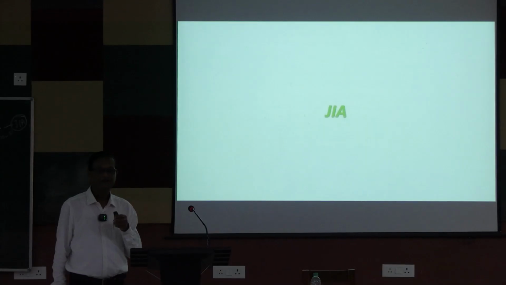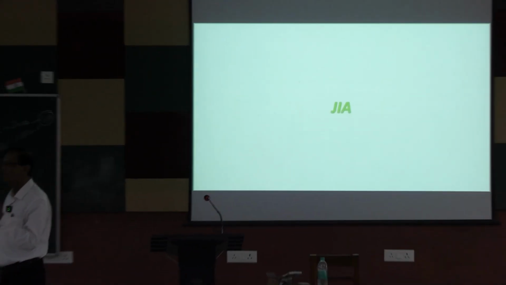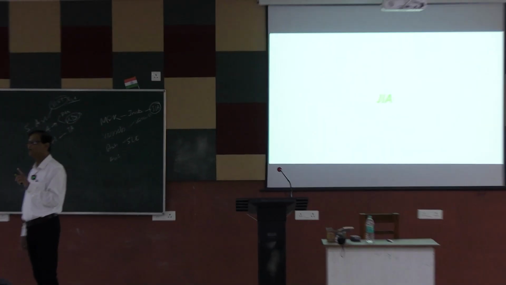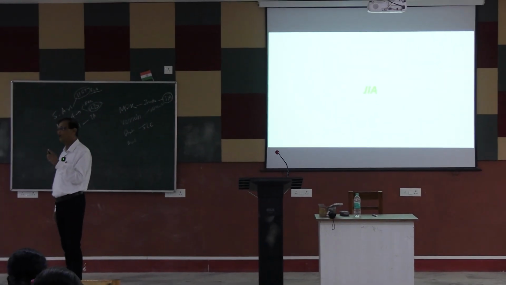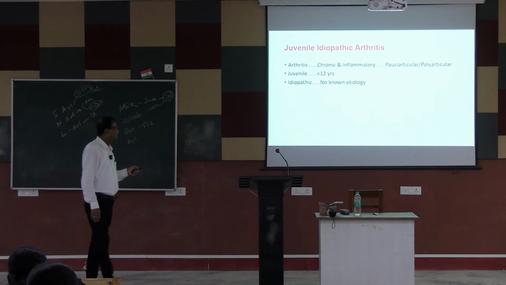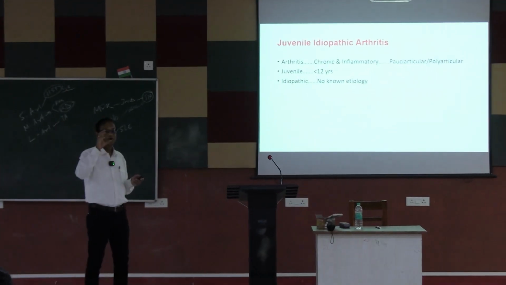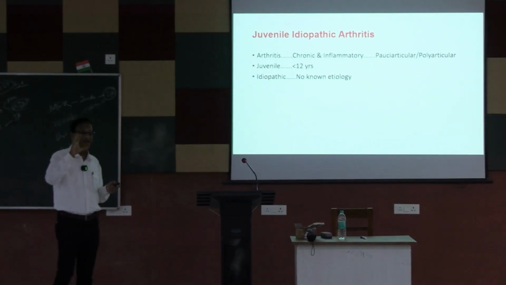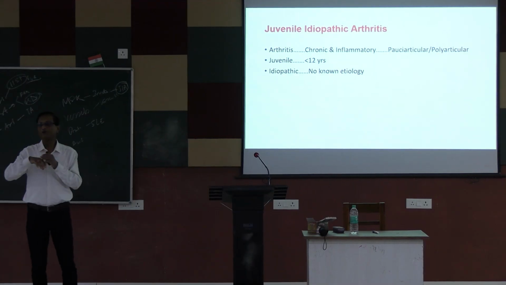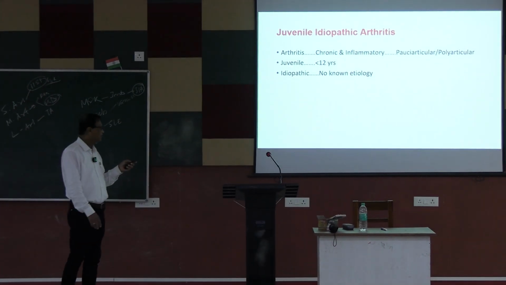Again, the diagnosis is clinical. There is no diagnostic test. All tests we do here are to rule out complications or to label the subtypes. Juvenile idiopathic arthritis is a chronic inflammatory arthritis, and it may be pauciarticular, meaning 4 or fewer joints involved, or polyarticular, more than 4 joints.